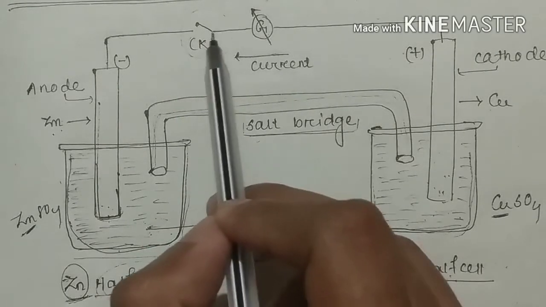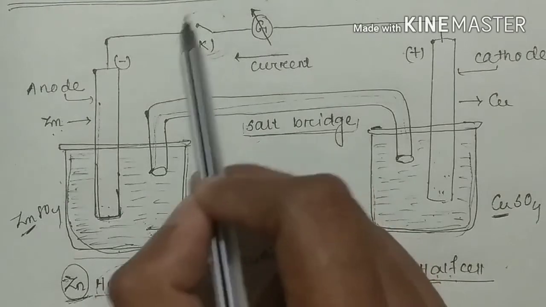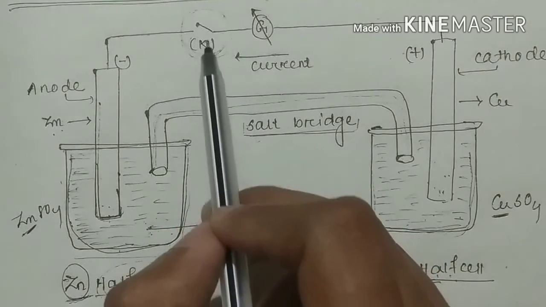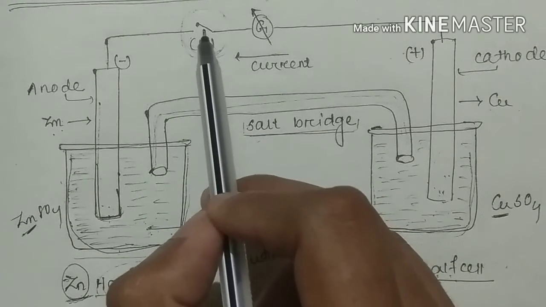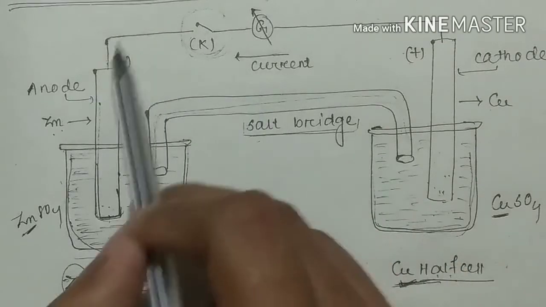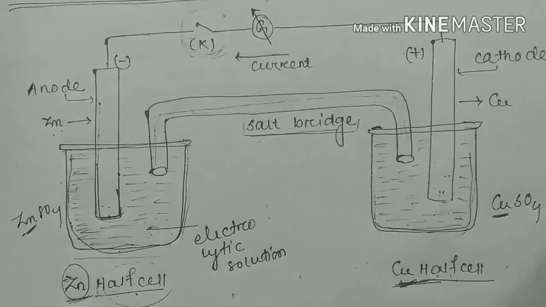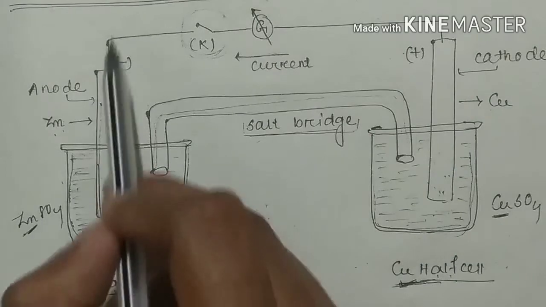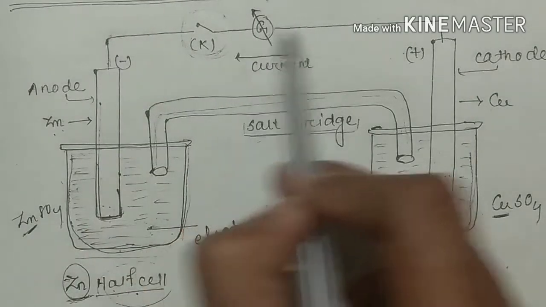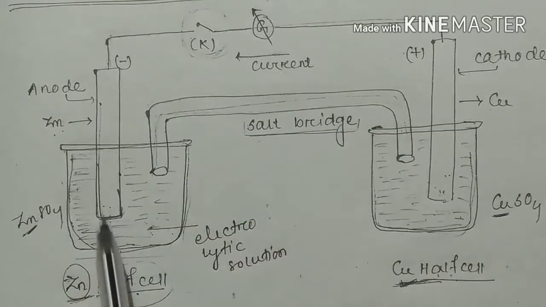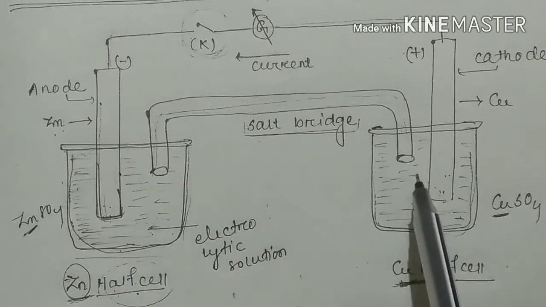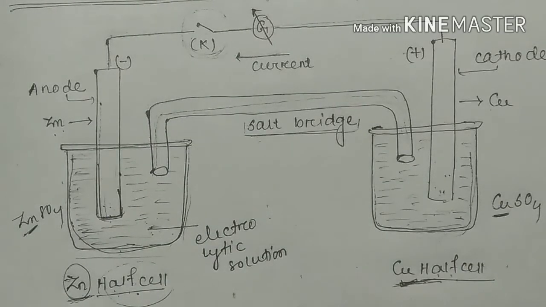It is not that much use, but by using the key we can stop or open the circuit or the flow of current. And simply a wire is also needed to complete a circuit.